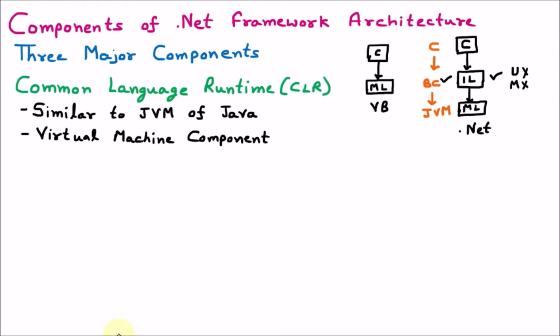CLR is not only giving support to the intermediate language, it has various other responsibilities. For example, monitoring the .NET program, meaning whatever the .NET program is doing right now. Whenever you are making a .NET program, it gives you suggestions like variables A and B not declared, you are using A, you are typecasting A. Everything is given to you.